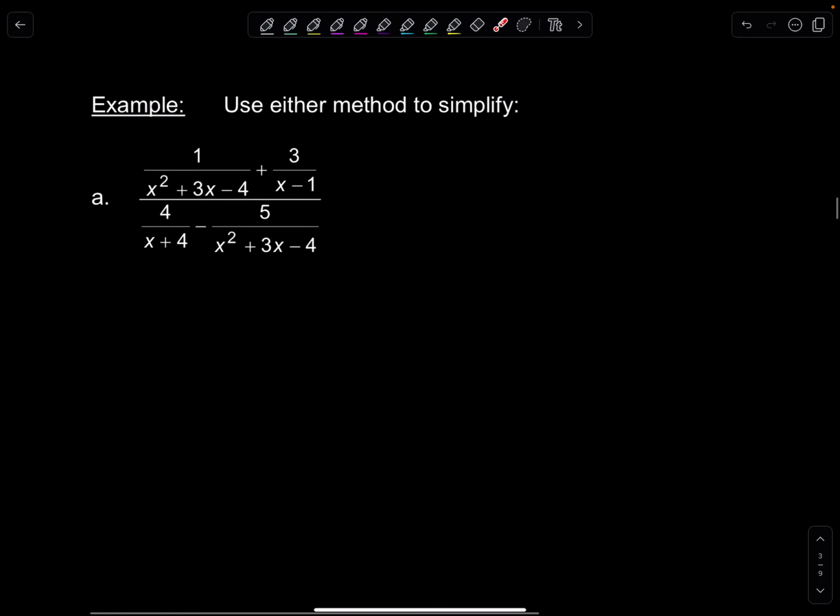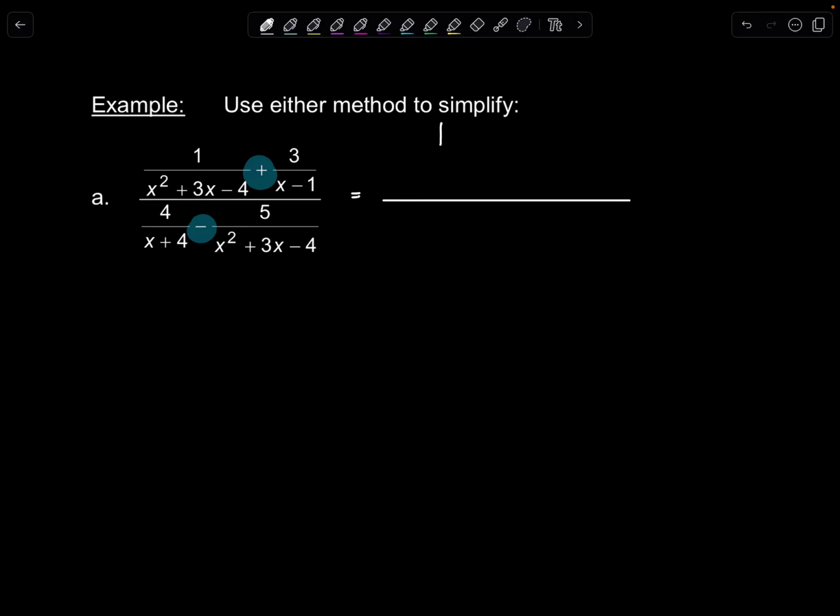So boom, as soon as I look here and I see, oh, there's addition, there's subtraction, I'm going for method 1. I'm not going to play games. So here we go. First, let's factor all of the minor denominators completely so we can identify the LCD. So this is 1 over x plus 4 times x minus 1, plus 3 over x minus 1.